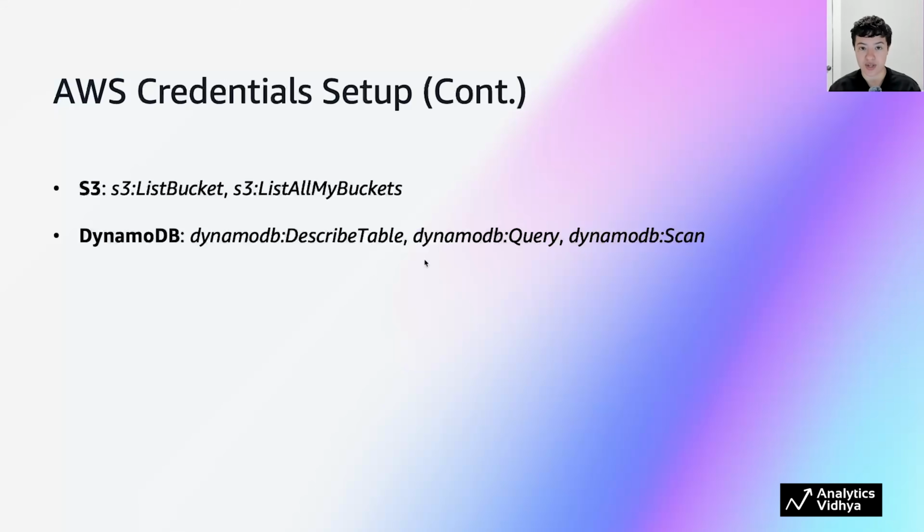So for S3, the demonstration in the code that we'll see in a little bit here is going to need the S3 list bucket permission, as well as the S3 list all my buckets permission. And then for DynamoDB, you're going to want to be able to do a describe table, a query, and then a scan.